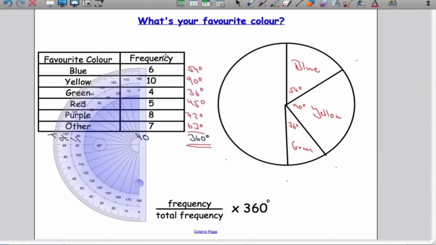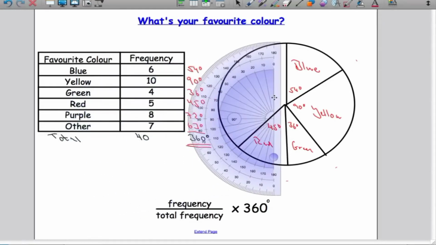Then using your ruler, draw a straight line for 45 degrees. 45 degrees is for red. Then we'll take that of purple.